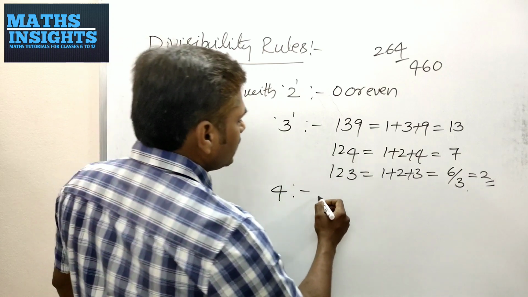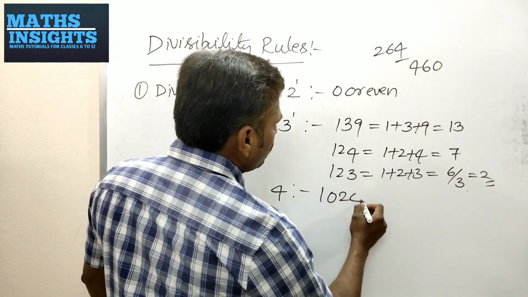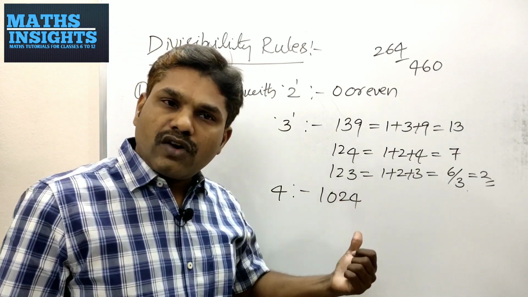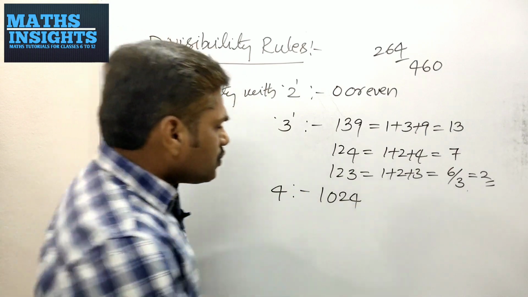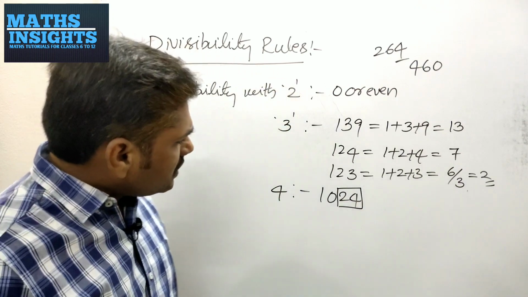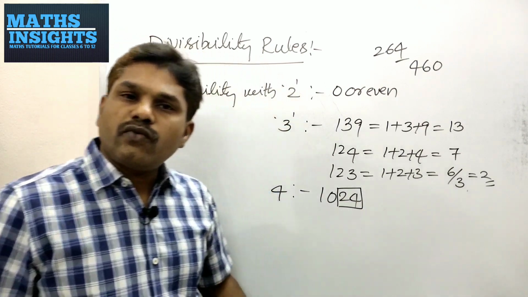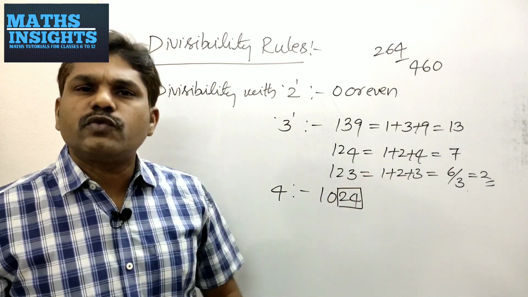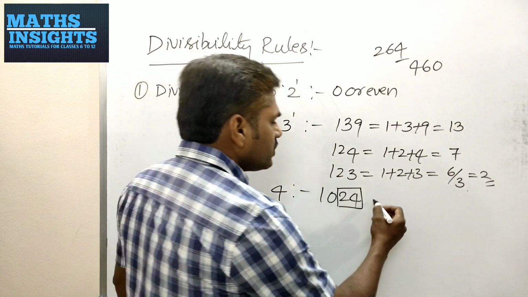Suppose I am taking 1024. You don't know whether this is exactly divisible by 4 or not. So you have to take the last 2 digits. If these last 2 digits are divisible by 4 exactly, then the whole number will be divisible by 4. See, this is 24.